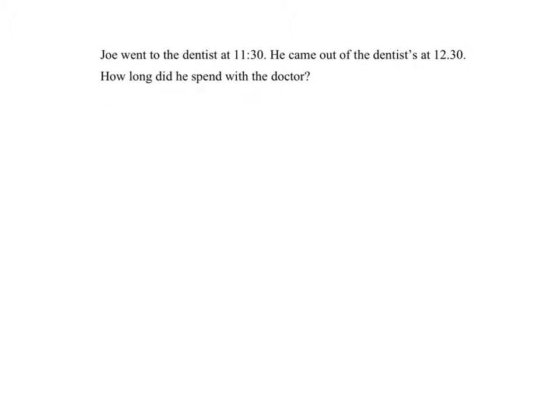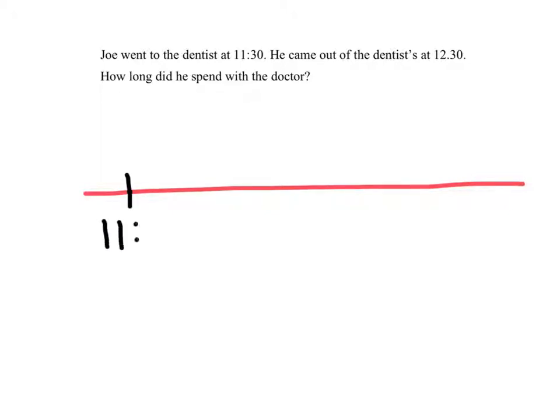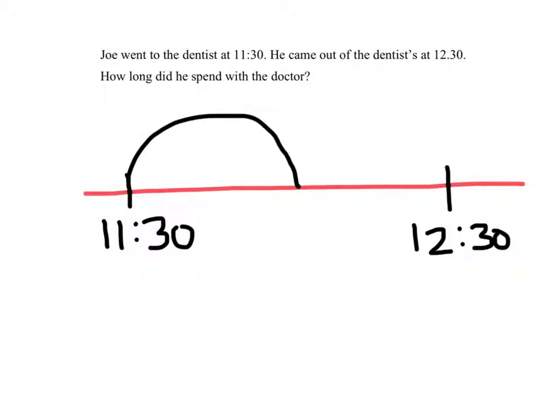Joe went to the dentist. So let's draw our timeline. He went to the dentist at 11:30. He came out of the dentist at 12:30. So we know our start time. We know our end time. We just need to know how long he was in the dentist for.